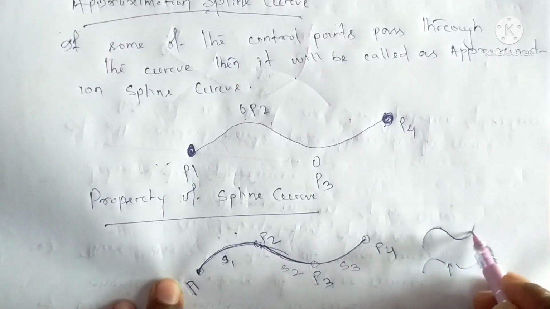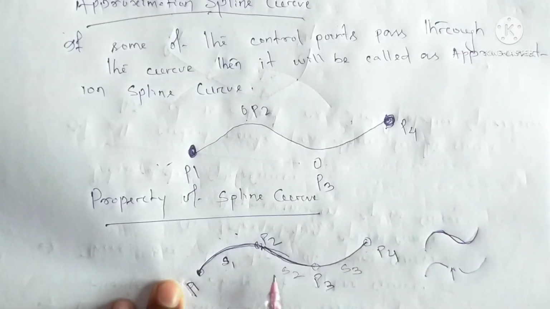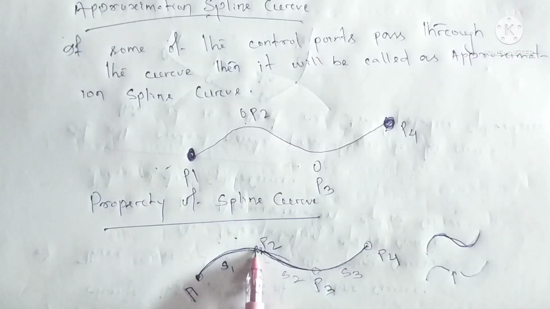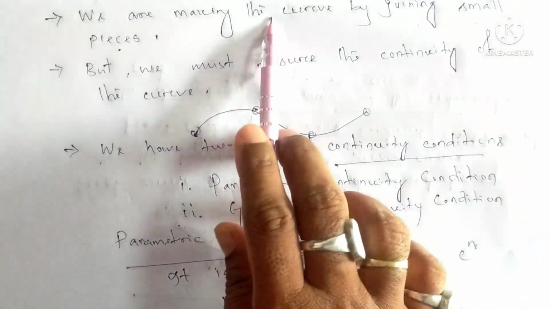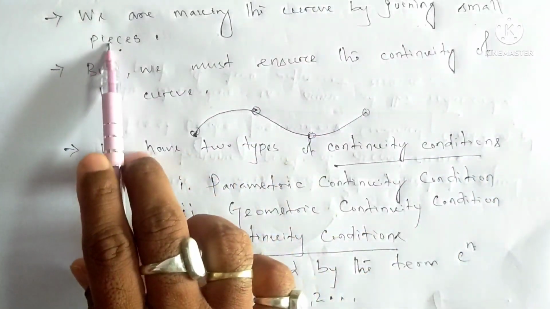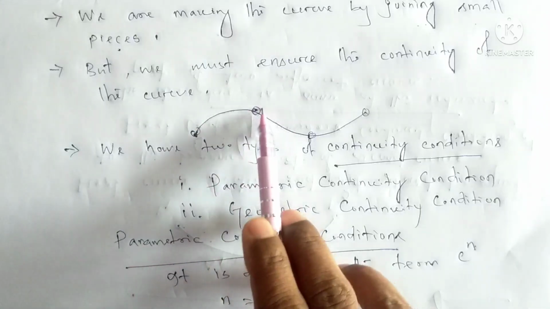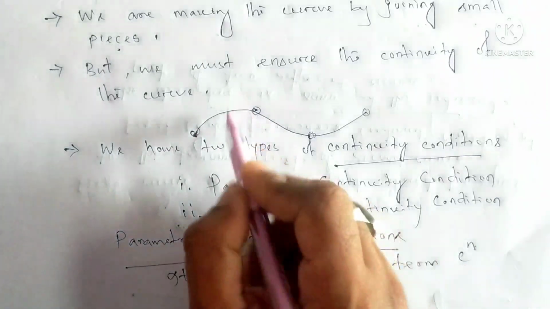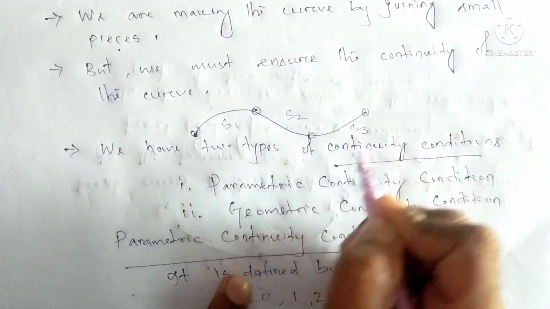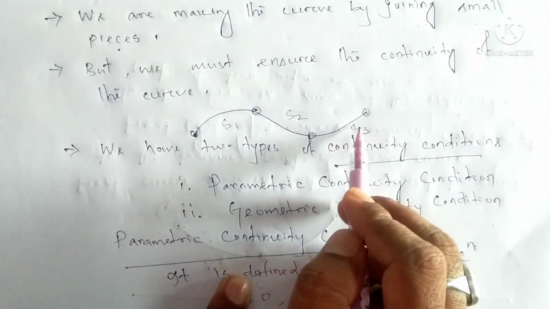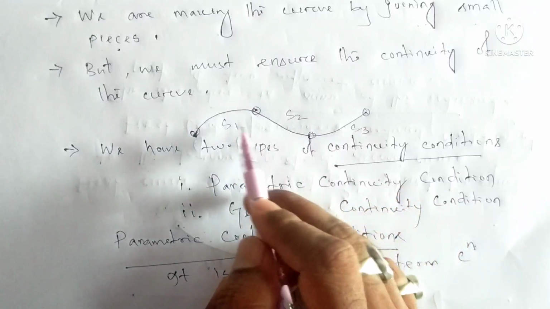In order to have a continuous curve, what should we do? We need to check some condition. So just look here, we are making the curve by joining small pieces. I told you that one piece is here, another piece is here, and another piece is here. So 3 pieces, and we are making a curve by joining the 3 pieces.